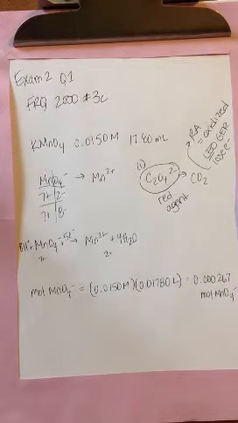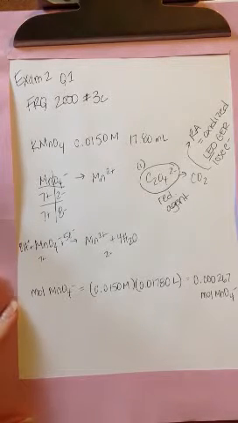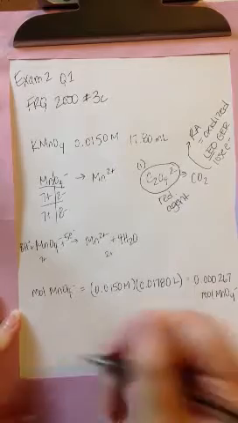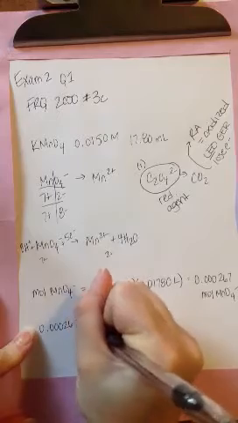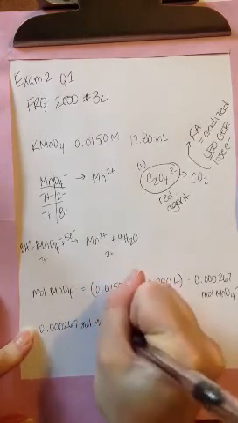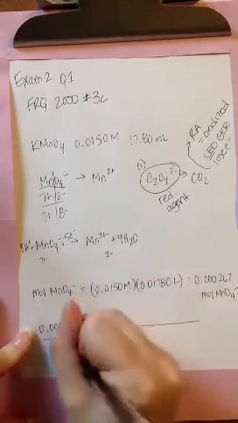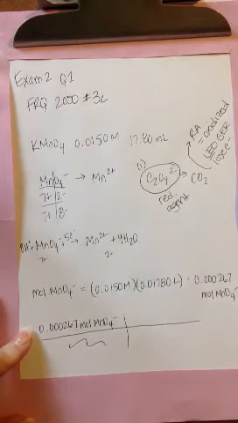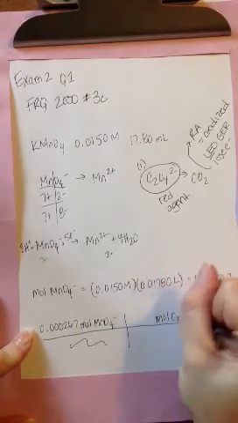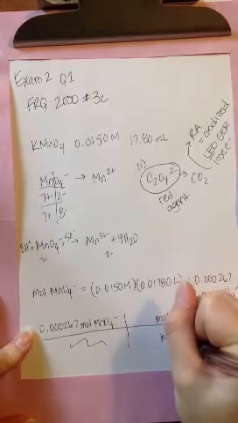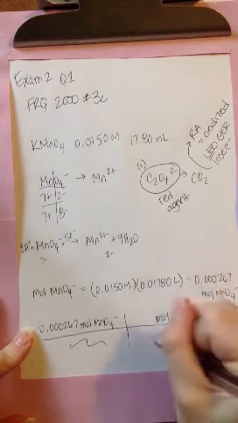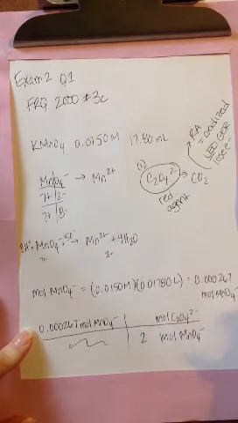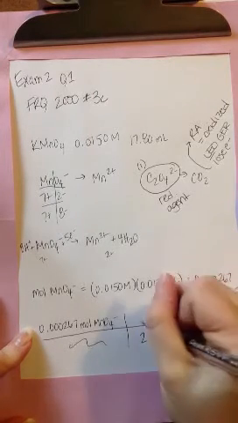And if I look, I need to calculate the number of moles of the oxalate 2 minus. And to do that, I'm going to do my T-chart because I have a balanced equation. So if I know 0.000267 moles of MnO4 minus, and then look at my balanced equation, I want to find moles of oxalate. Well, my coefficient in front of MnO4 minus is a 2. My coefficient in front of oxalate is a 5.